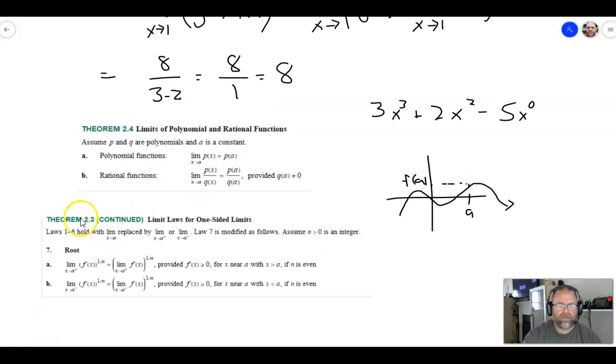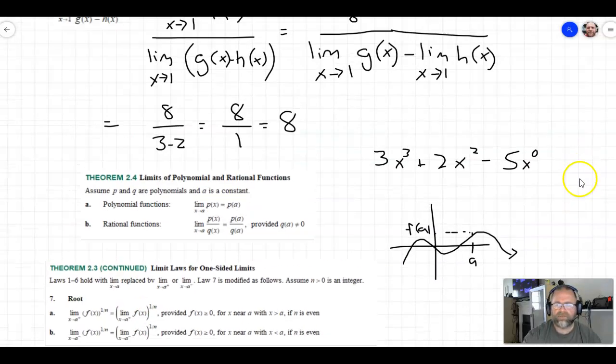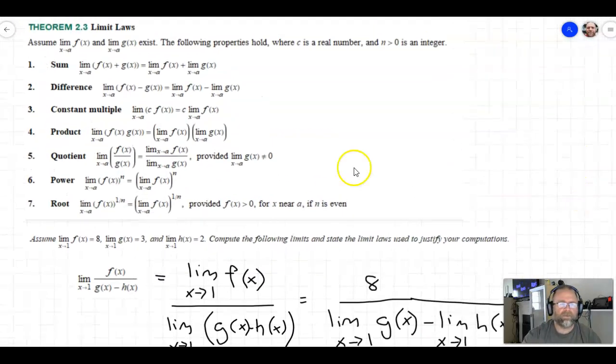All right, so if we look at theorem 2.3 continued, and this is on page 74, it says that the laws 1 through 6, these are the ones up here, will hold for one-sided limits, and we went over one-sided limits in detail in section 2.2, except for the root limit law here.